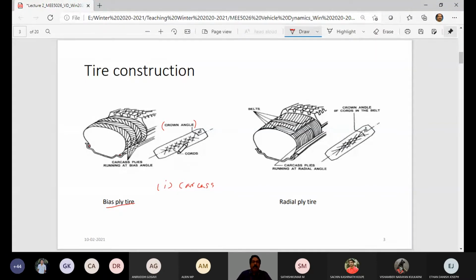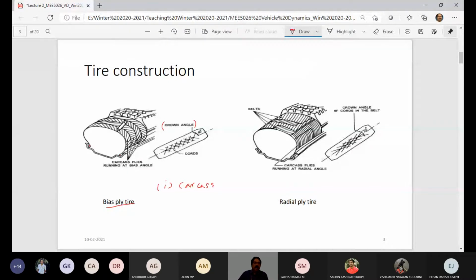And you see one ply goes in one direction from bead to bead. The other ply has its reinforcement coming in the other direction. So like that there will be a stacking of a number of plies, which constitute an important part in the tire section called the carcass. So this is what you have to first understand.